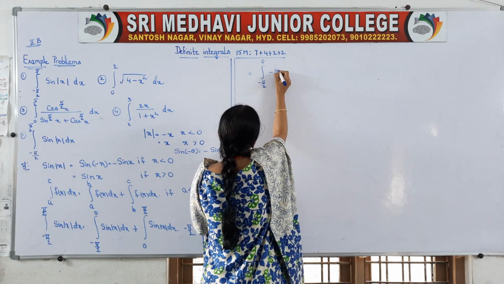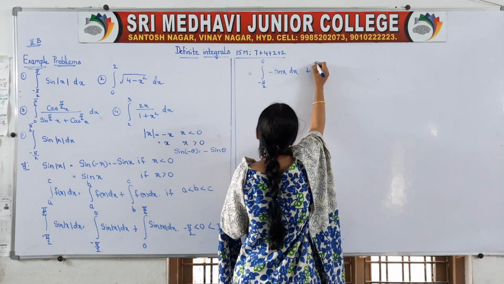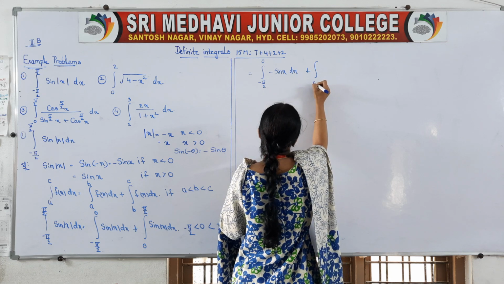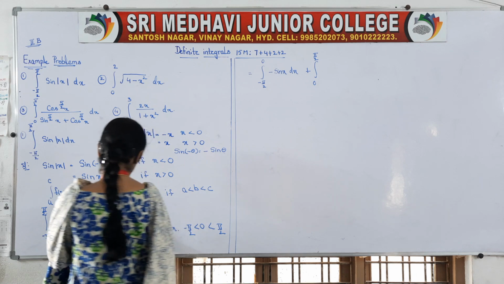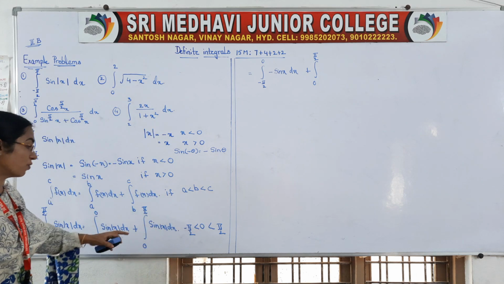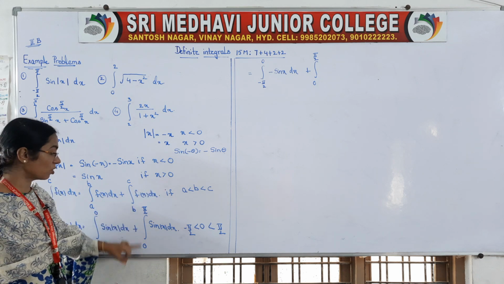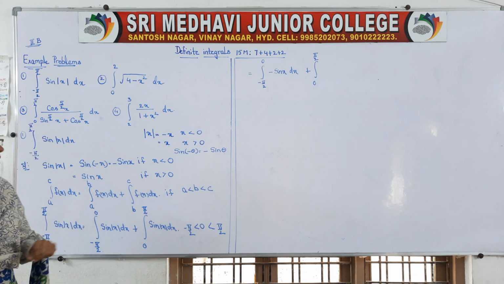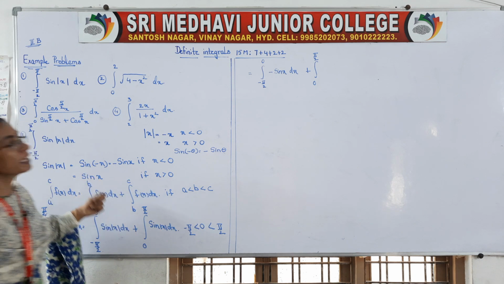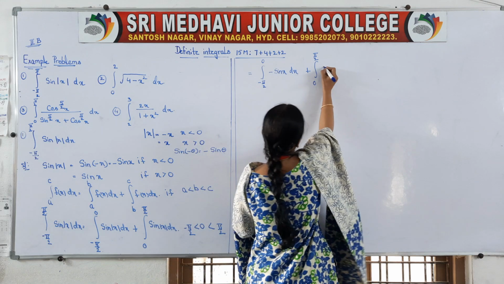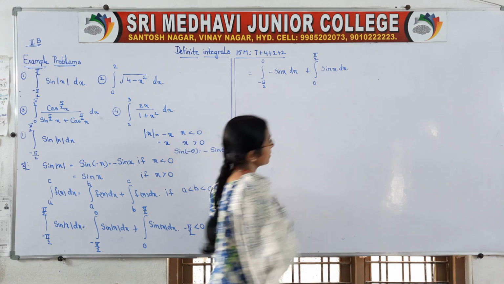So it is integral of minus sine x dx, plus integral from 0 to pi by 2 of sine of mod x. Here whenever x is greater than 0, 0 to pi by 2 means x value is greater than 0. If x value is greater than 0, this value is sine x. So you take this as sine x dx.